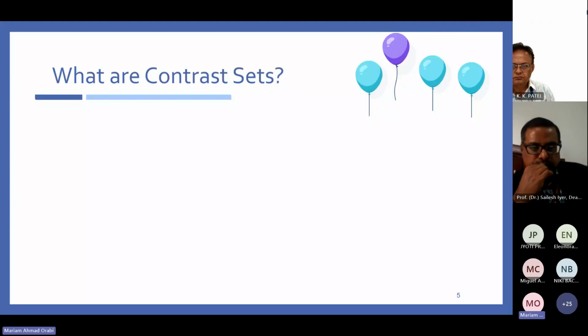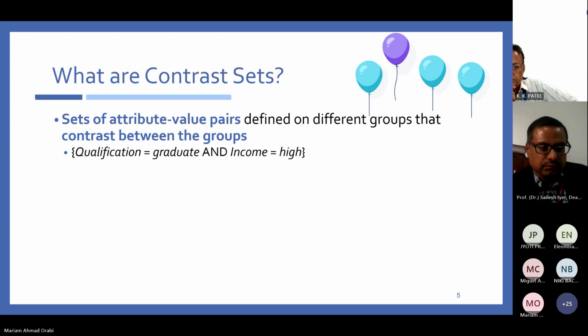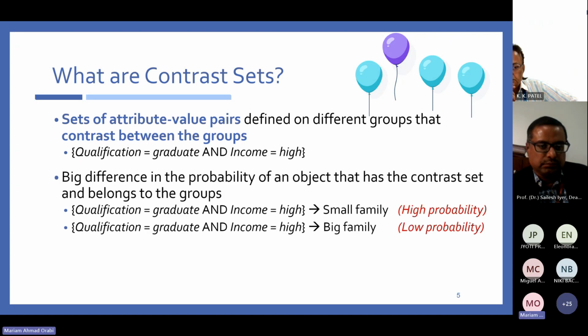So what are contrast sets? They are sets of attribute value pairs defined on different groups that contrast between groups, such as qualification equals graduate and income equals high. There must be a big difference in the probability of an object that has the contrast set and belongs to the groups.